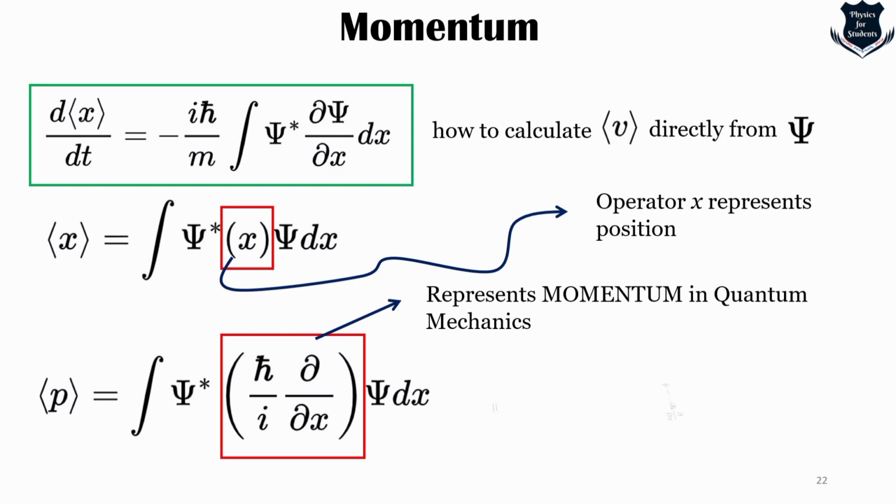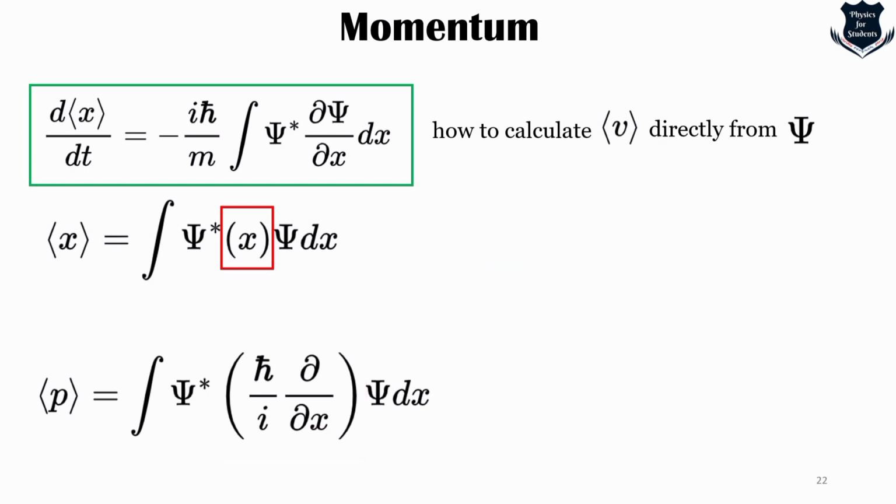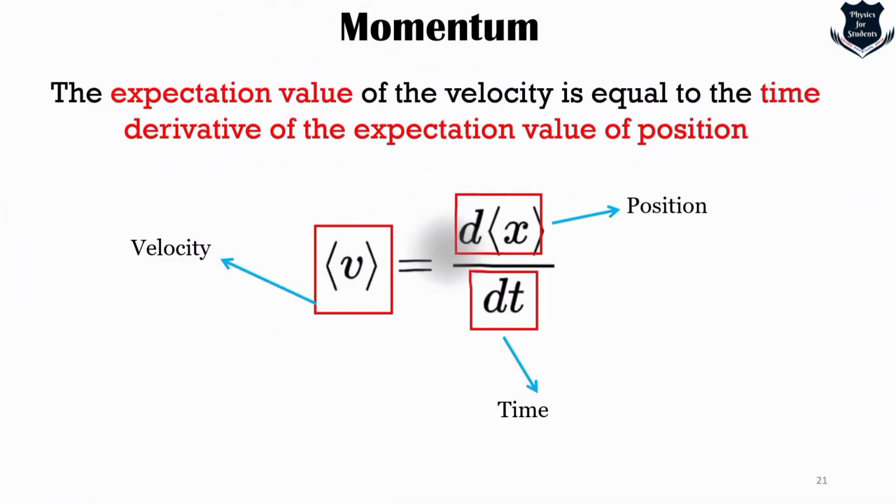Now, this equation looks somewhat similar to this one. I mean to say, it is not mathematically correct to equate them, but you see here also minus h bar, which was the general momentum. When it is plugged into this, it more or less looks the same. So if you go back to my previous point, this is important: the expectation value of the velocity is the time derivative of the expectation value of position.